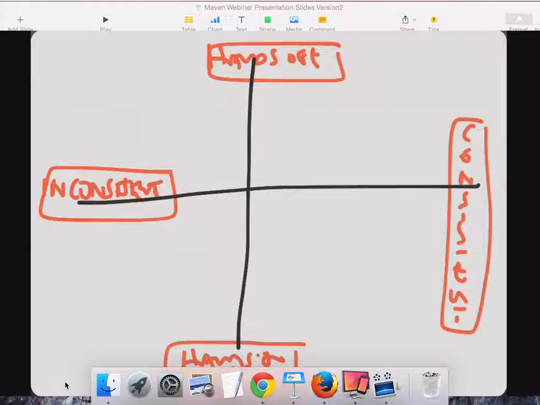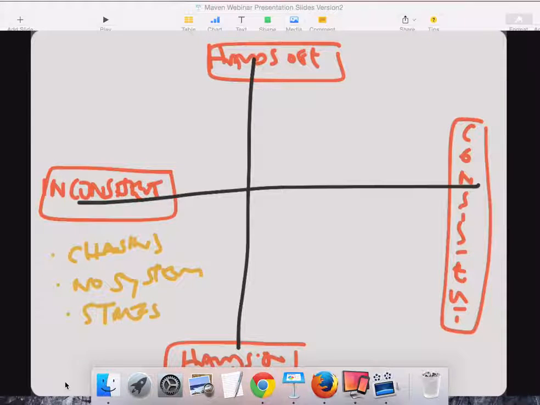So these are 4 variables I see time and time again in agencies. Now really, if you're inconsistent and you're hands on, that means you're working hard, but you're still inconsistent, you're still front of mind only maybe once a month or once a week, so the chances are you're chasing. So the bottom left hand side, you're chasing. The chances are you've got no system. You're just doing this ad hoc, you're doing this manually.